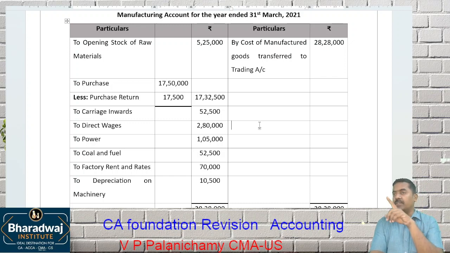Suppose there is a closing stock of raw material, what would you have done? Opening stock plus purchases minus returns and minus closing stock.